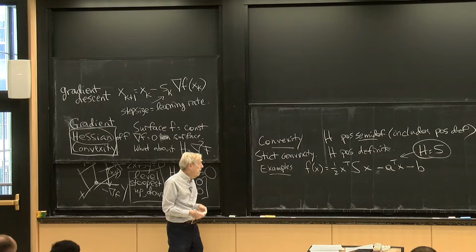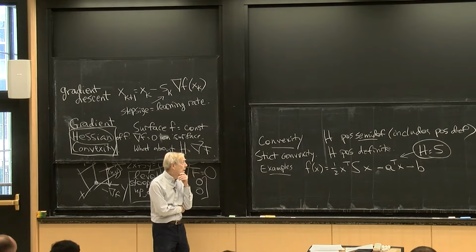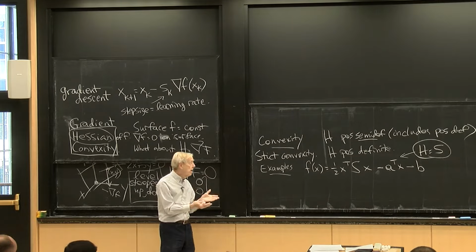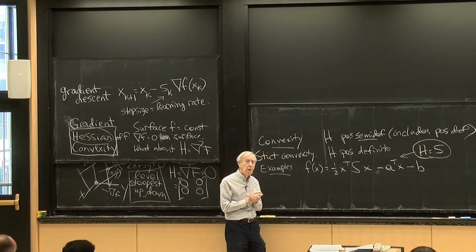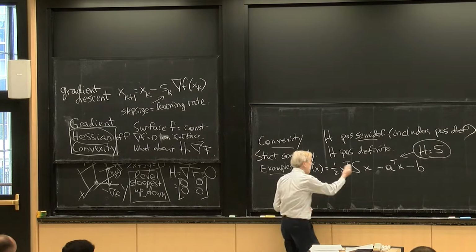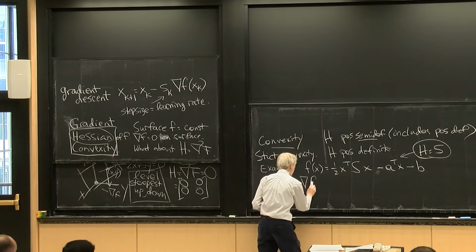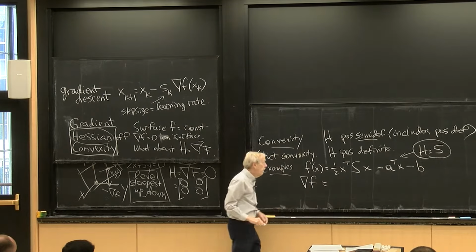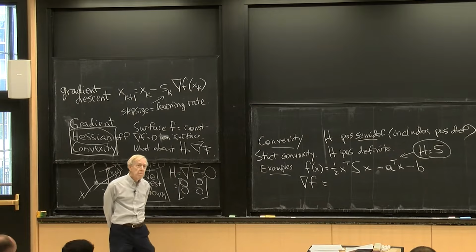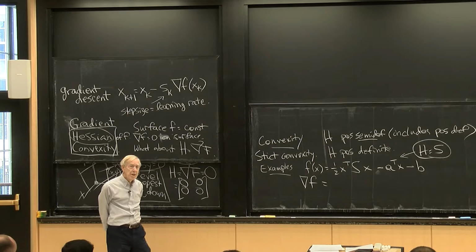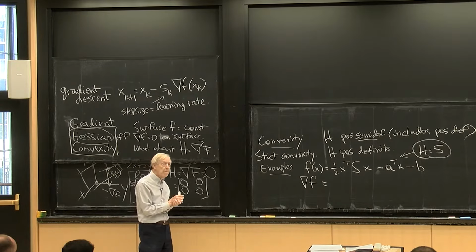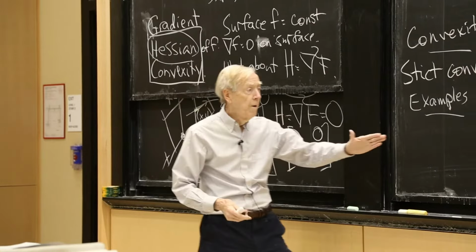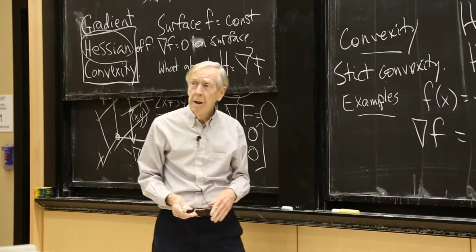Okay. Let me just ask you, so that's a convex function. And what's its minimum? What's the gradient, first of all? What's the gradient of f? I'm asking really for differentiating, thinking in vector, doing all n derivatives at once here. I'm asking for the whole vector of first derivatives.